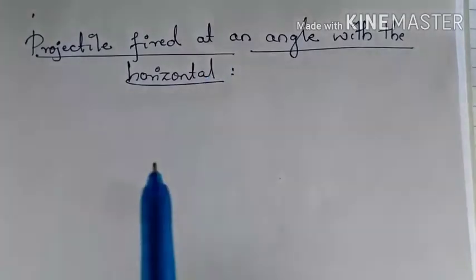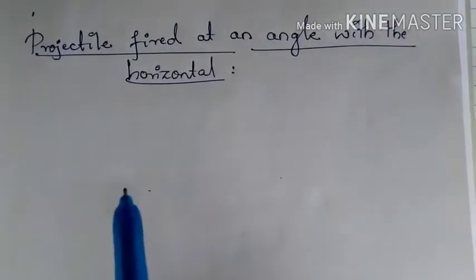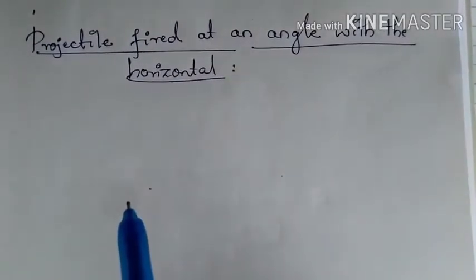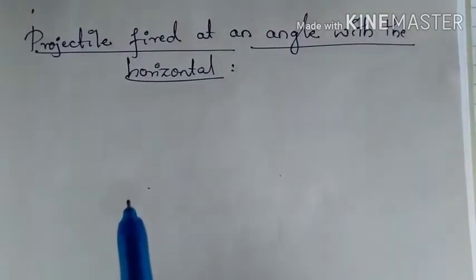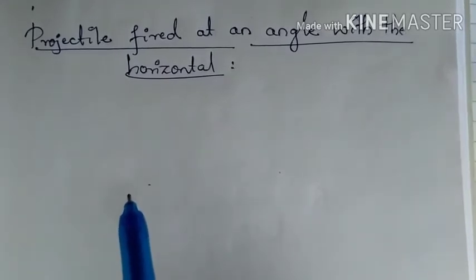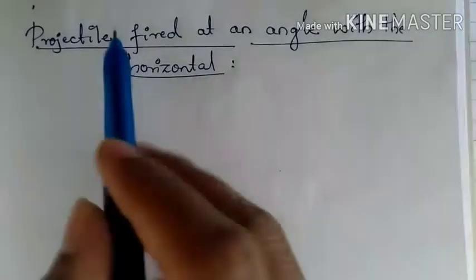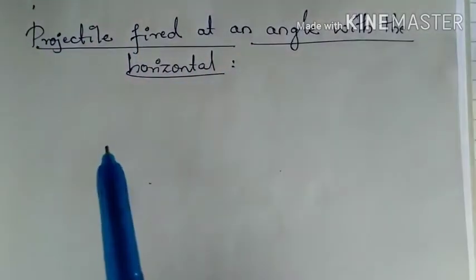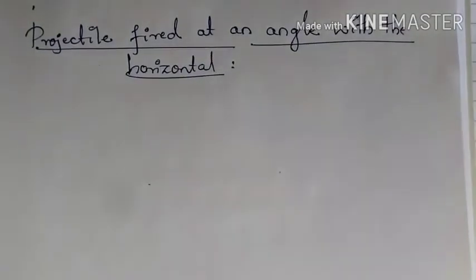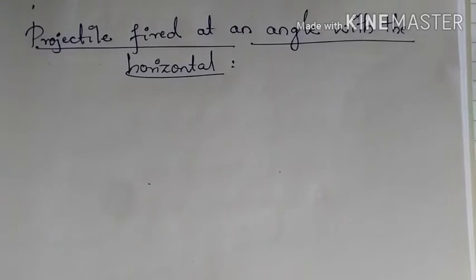This concept will be clear only if the last concept is clear. Try to understand how to get the x and y components of a given vector, then you can apply that concept here and find the maximum height, time of flight or horizontal range of the projectile. So you got to know what is projectile and what is trajectory.